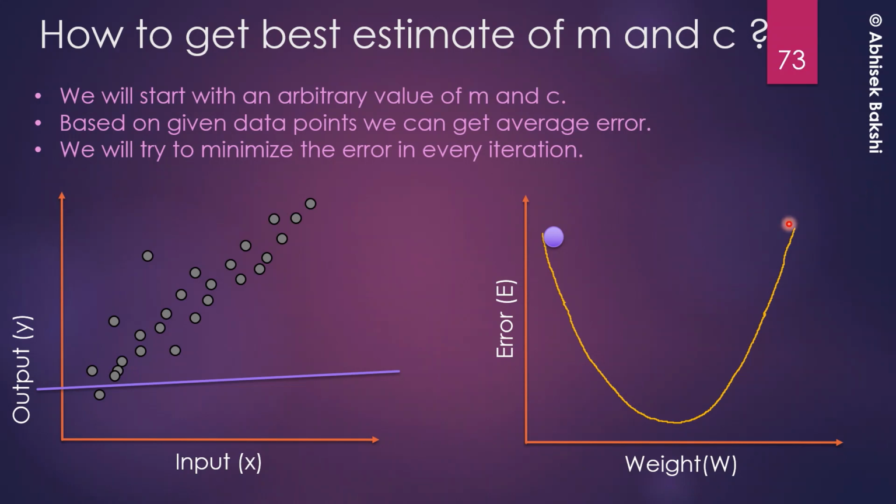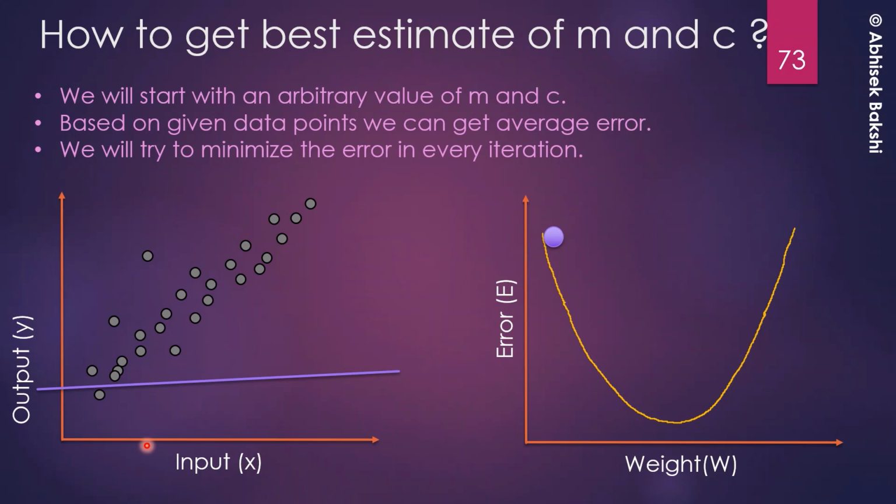So what we will do, as I told you, is for each and every x we will find the corresponding predicted y, and similarly we have the actual y in our data, and we will find the difference. For each and every point, we make an average. Somehow we will try to minimize that.